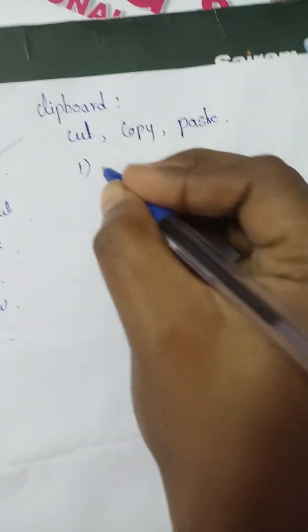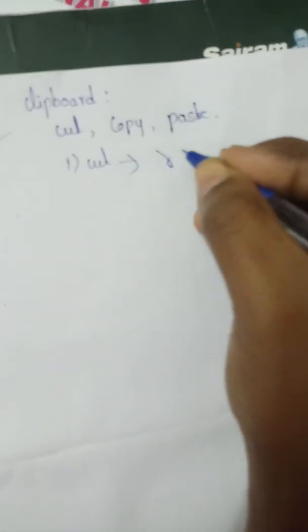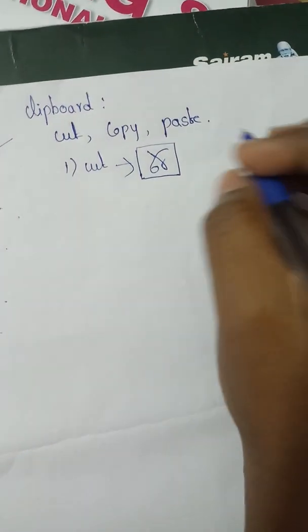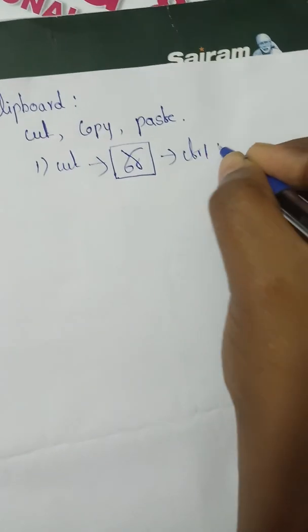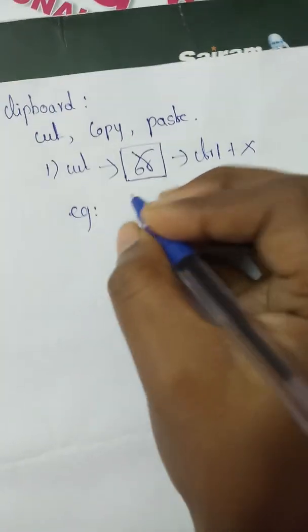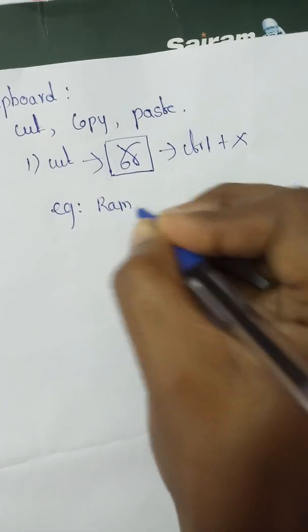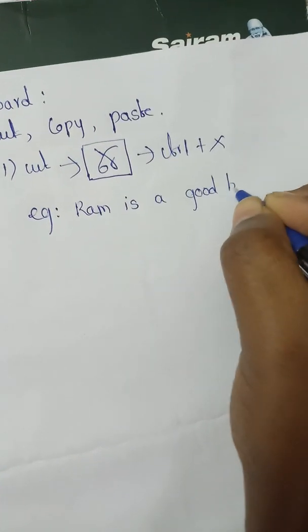The first one is cut. The icon for cut is a scissor-like symbol. Or else you can use the shortcut key Ctrl plus X. For example, here I am writing "Ram is a good boy."